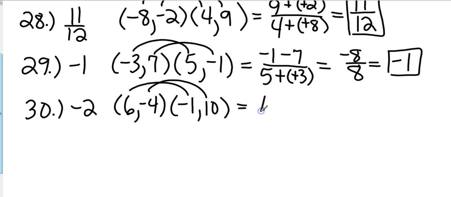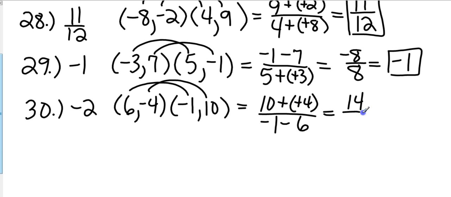So I have 10 minus a -4 all over -1 minus 6. The minus a minus on top becomes plus. That's going to be 14. -1 minus 6 is -7. And I reduce that. 14 divided by -7 is -2.